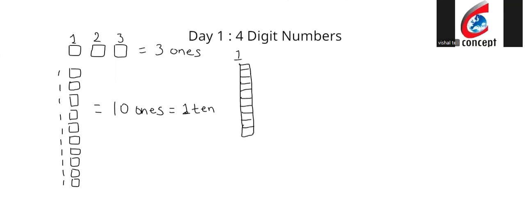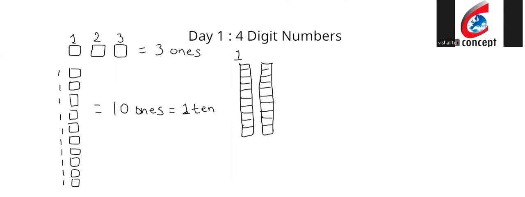Likewise, I can draw another group: 3, 4, 5, 6, 7, 8, and 9. This is another 10.